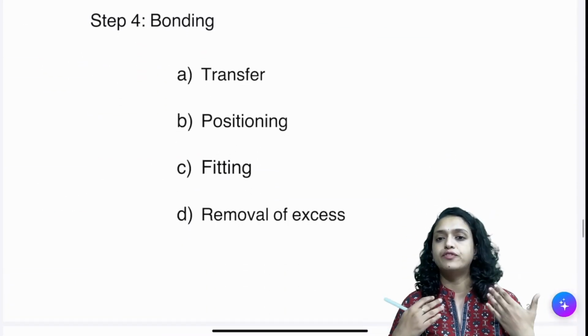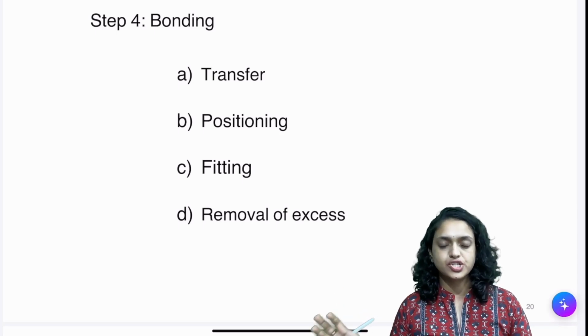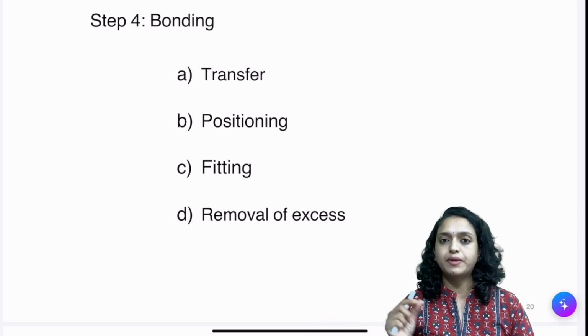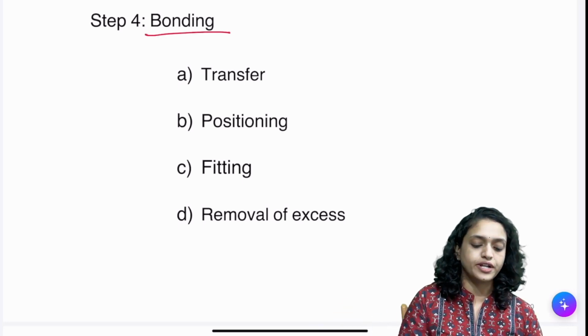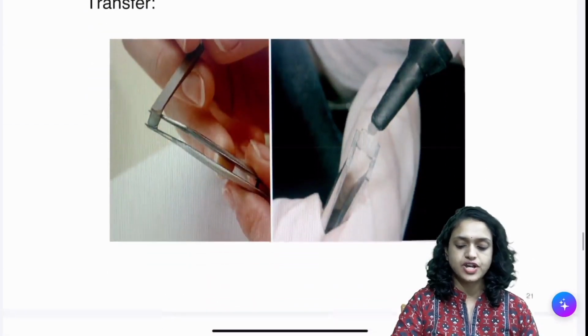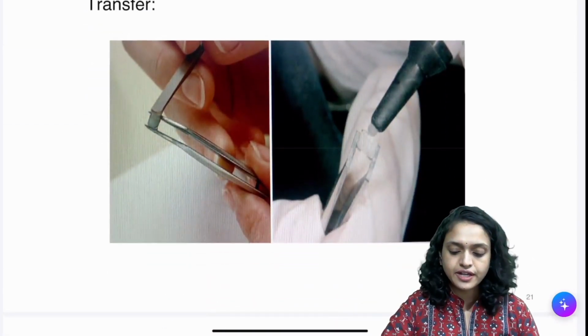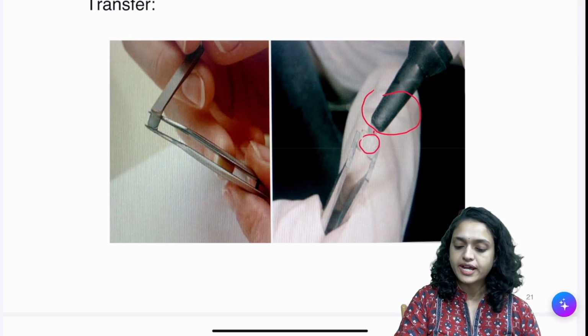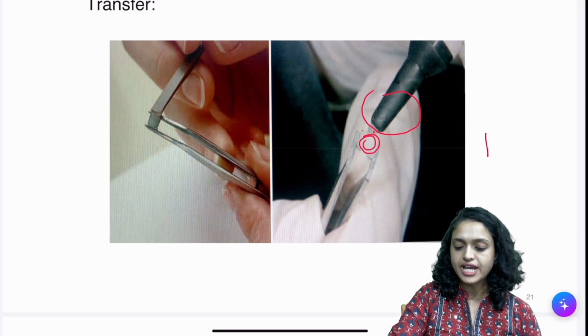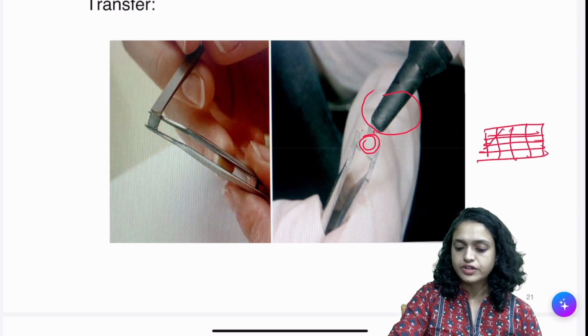So you have done the priming, sealant application is done. Next you are going to place the bracket onto the tooth surface. That is bonding. So first is transfer. You take the bracket. This is the orthodontic composite that you can see here. You place the composite onto the bracket surface. Behind the bracket generally has a mesh of different forms.